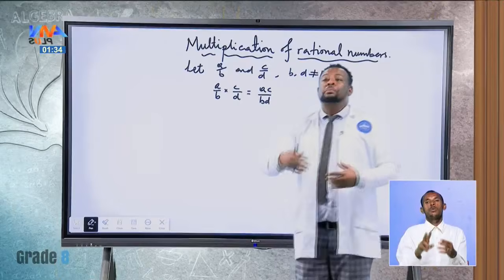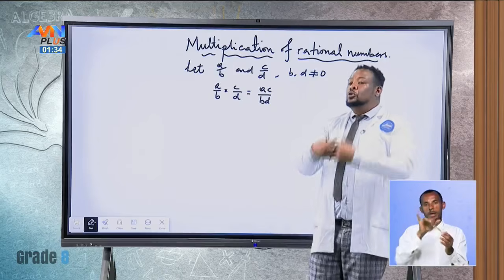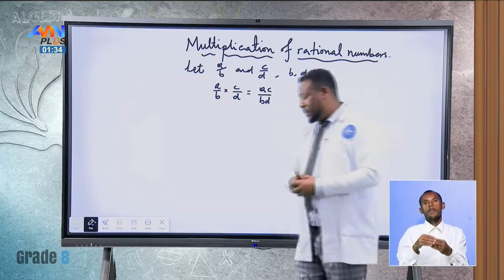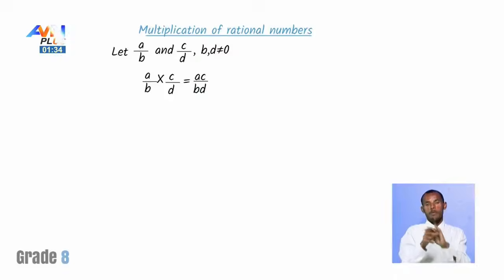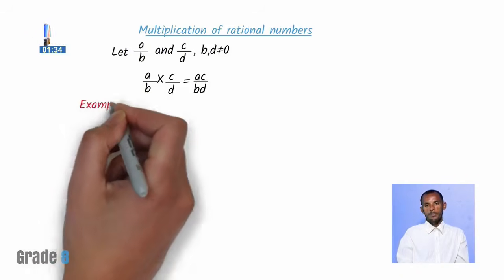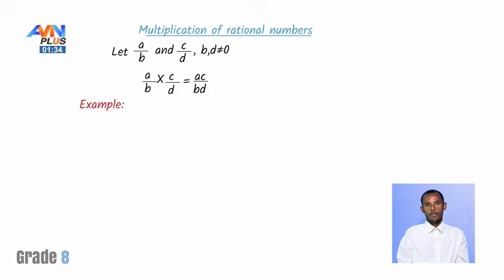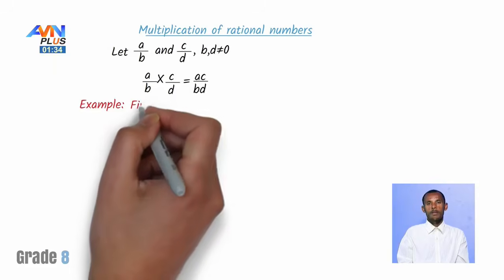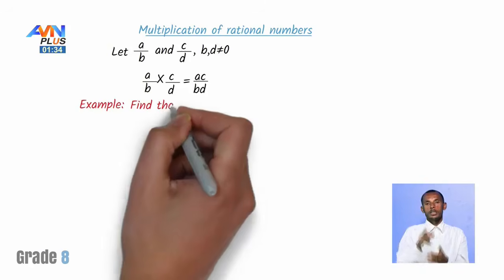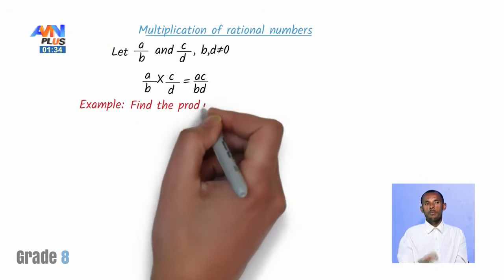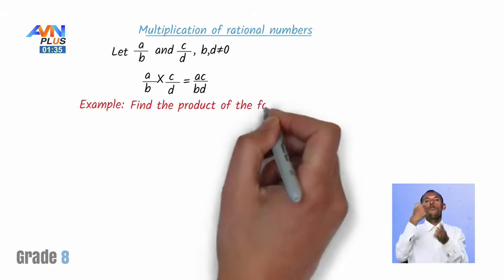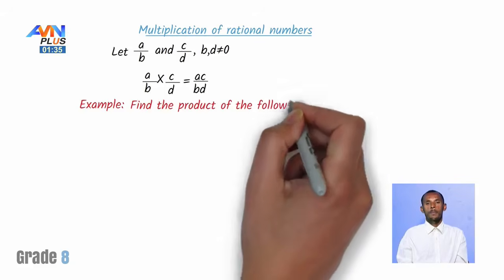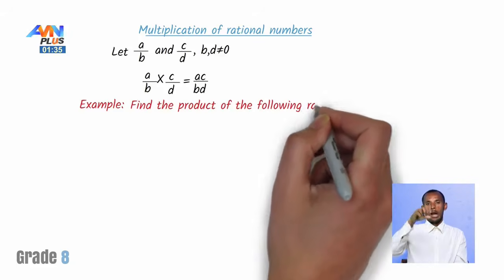The same principle works if you have two or more rational numbers. So let's see some examples on multiplication of rational numbers. Find the product of the following rational numbers.